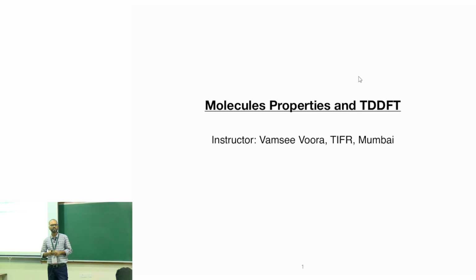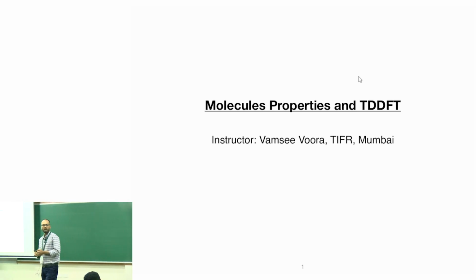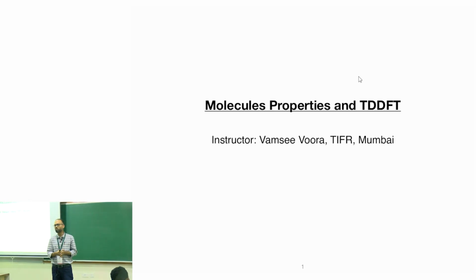This is, in fact, the main flavor of TDDFT that you use whenever you run a particular quantum chemistry software, say, to figure out molecular polarizabilities. Behind the hood, what is happening is the linear response formalism of time-dependent DFT. And so what are the equations that go behind the hood?